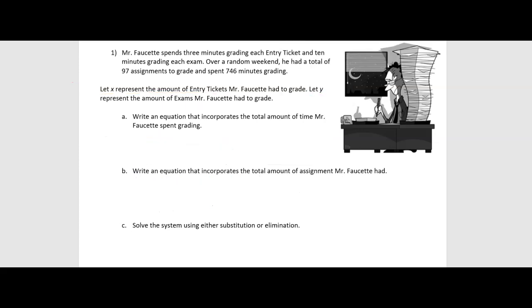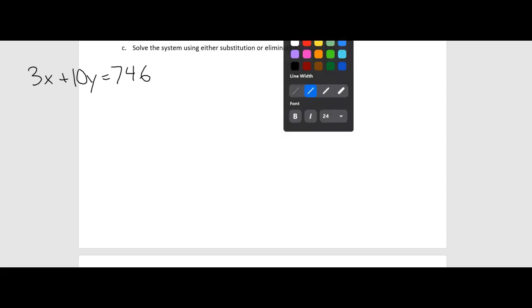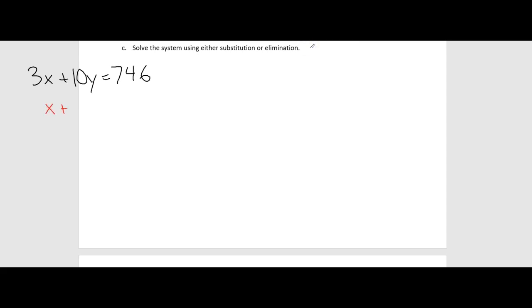Okay, let me give us some more space here. We had 3x plus 10y equals 746. And then we had x plus y is equal to 97. I'm just going to use elimination here.